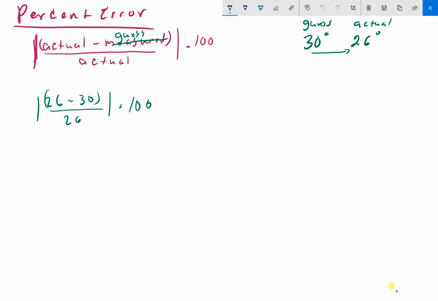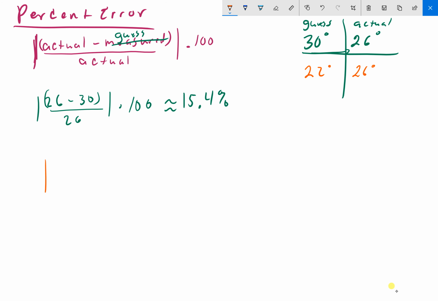Now, I'm going to explain why the absolute value was necessary. Let's say I went outside, and instead of guessing that it was 30 degrees, let's say I thought it was 22 degrees. But it was actually 26 degrees.